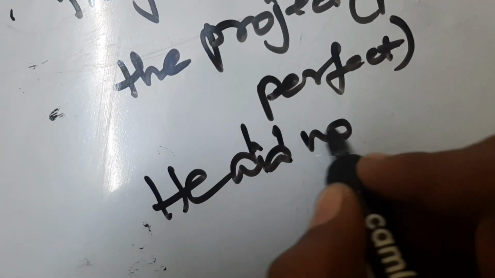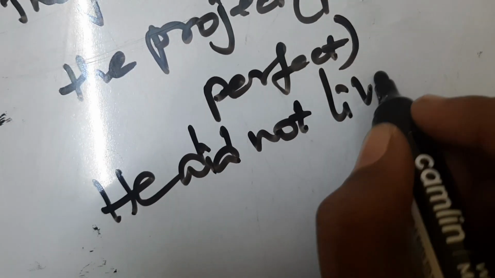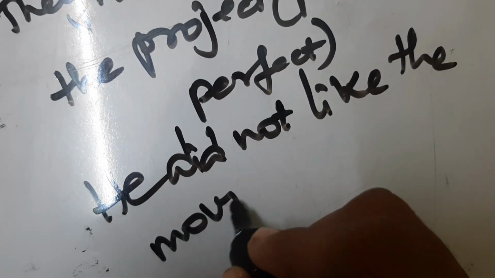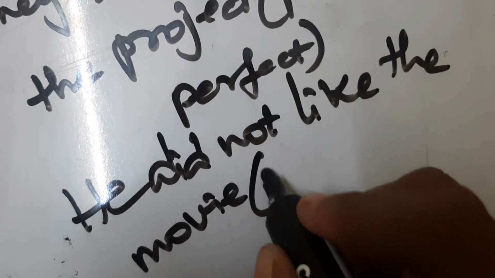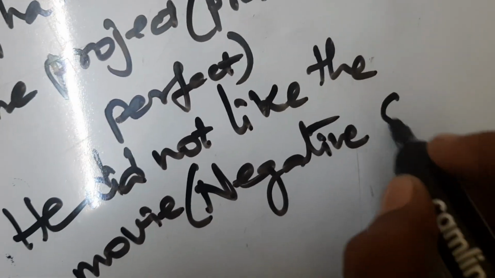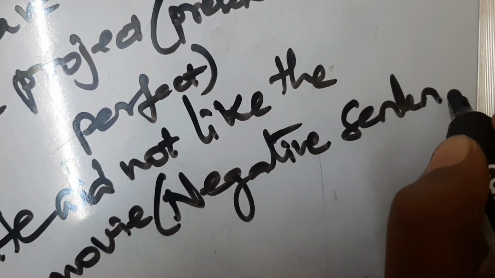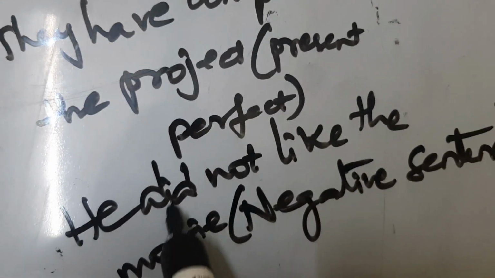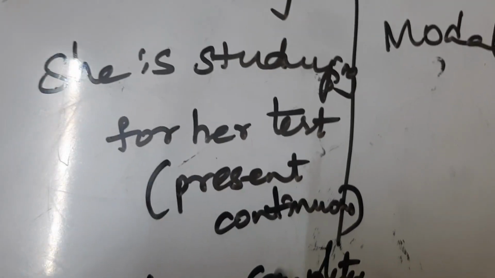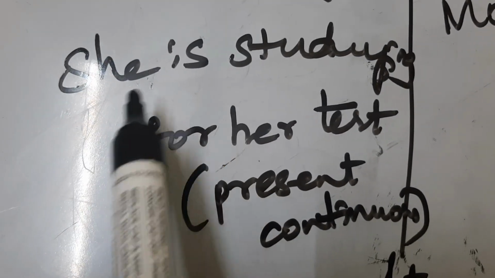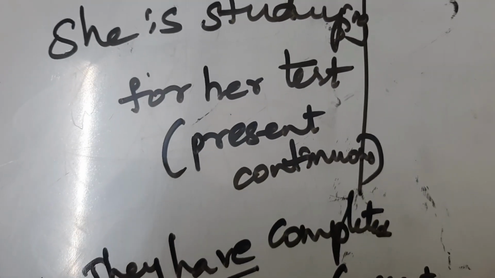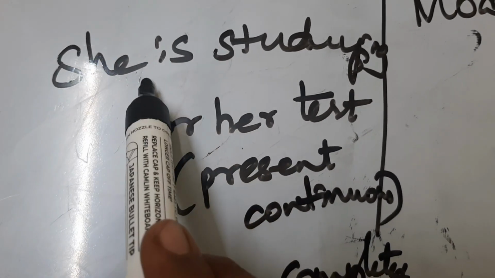He did not like the movie, which is a negative sentence. Here we are using did, have, as well as is.